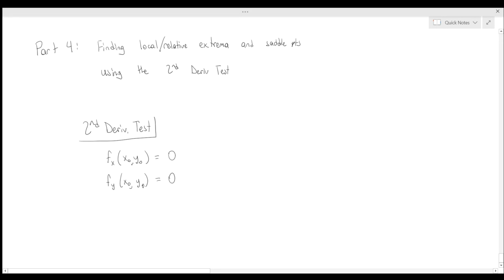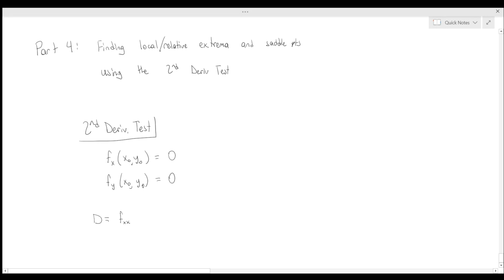So assuming we have a point (x0, y0) that makes both of the first order partials equal to 0, so if we have this critical point here, we want to determine if that critical point was a local minimum, a local maximum, or a saddle point. So to do that, you want to compute all of the second order partial derivatives. And then there is this expression, which I'm going to call D.